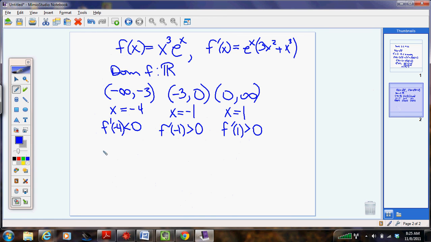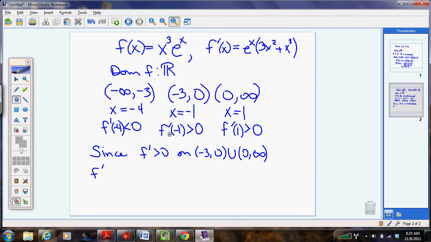So I can just say here now something like this. Since f prime is greater than 0 on negative 3, 0, union with 0 to infinity, excuse me on that one, that should be just f prime.